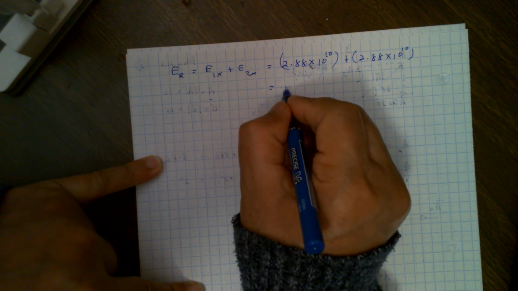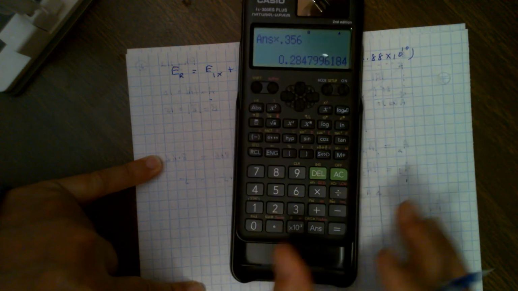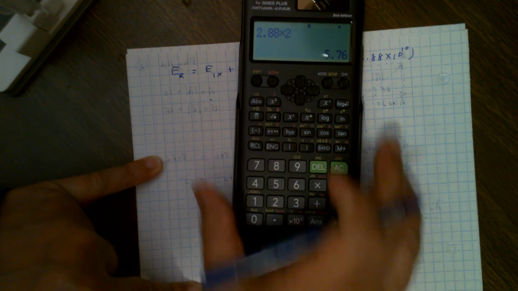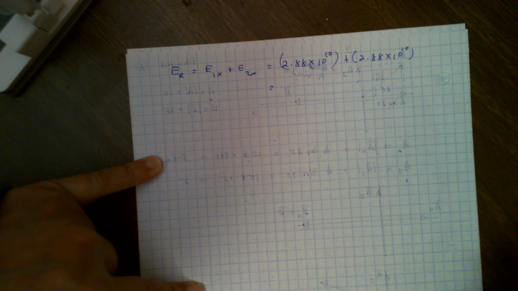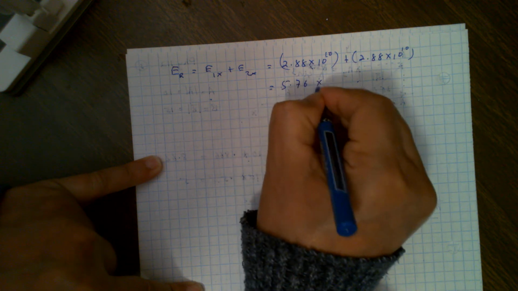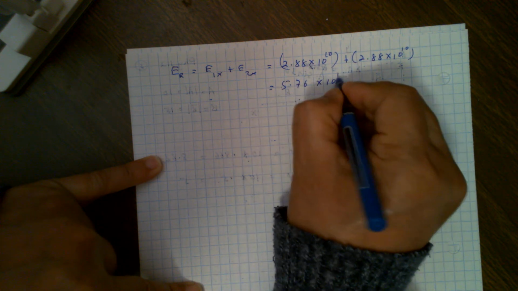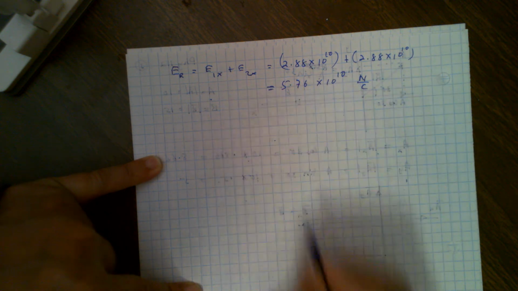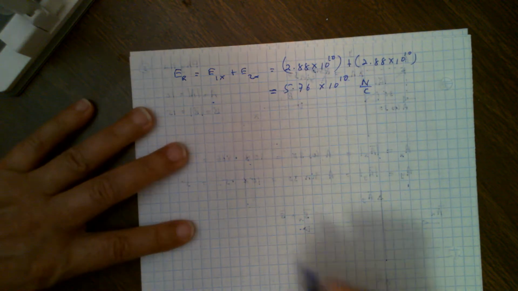So 2.88 times 2 is equal to 5.76 times 10 to the power 10 newtons per coulomb. So that will be our net result.